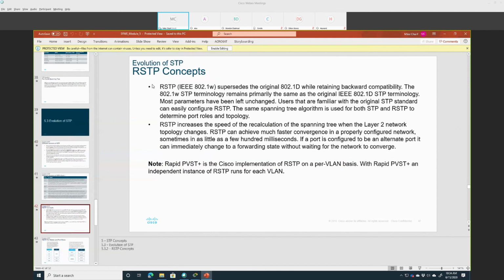And this is rapid STP, where you need to pay attention to the standard IEEE 802.1W. The original STP was 802.1D, okay? So the rapid one is 802.1W.